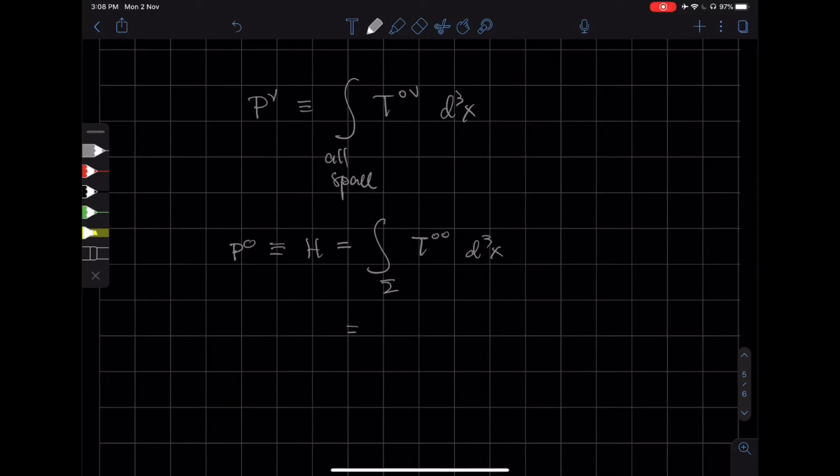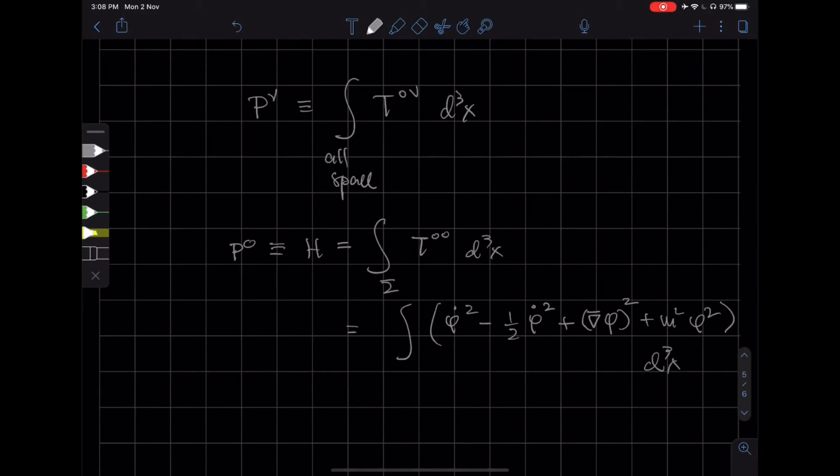And so if I work this out, you can see that this becomes phi dot squared minus half of phi dot squared plus the gradient of phi squared plus m squared phi squared integrated over all space. And here you can see that this minus this is going to give you half of phi dot squared, which is the kinetic energy of the field.